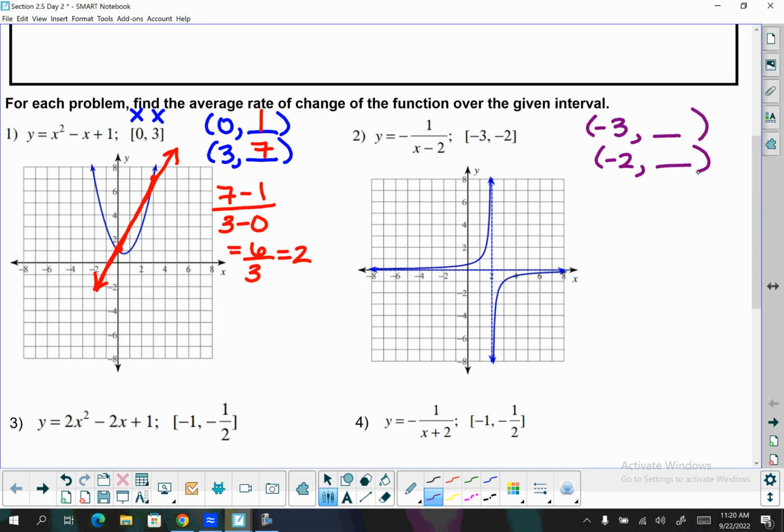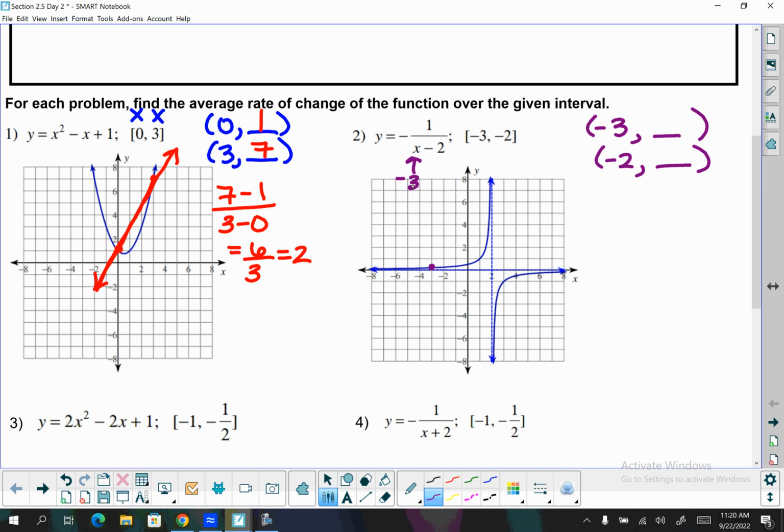Okay, so -3, what do you think the y value is approximately there? Maybe it's like right here? Are we better off just to plug it into the equation maybe, so we have a better answer? Okay, so let's do that. If I plug -3 in for my x there, I'm going to have a -1.